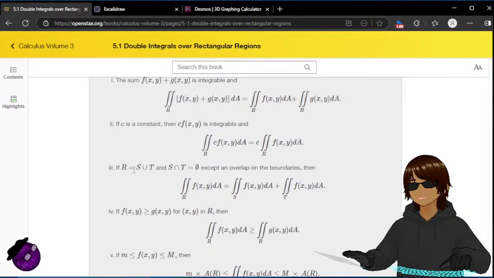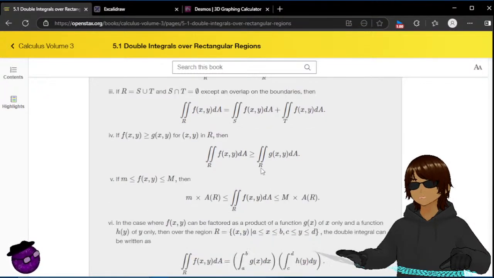If R is the union of S and T, and S intersecting T is null except an overlap on the boundaries, then we have this, the integral over region S plus the integral over region T. If f of x, y is greater than or equal to g of x, y for x, y in R, then the integral is also higher.